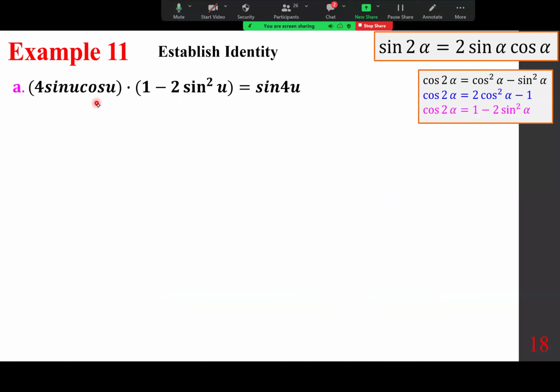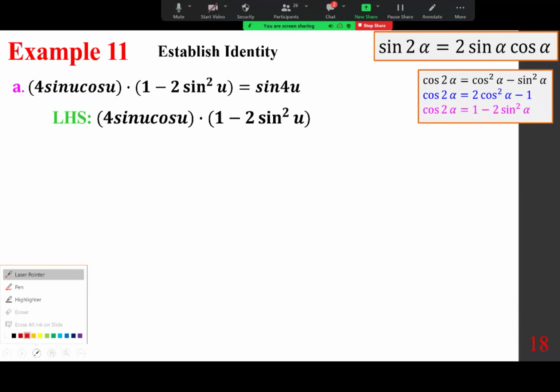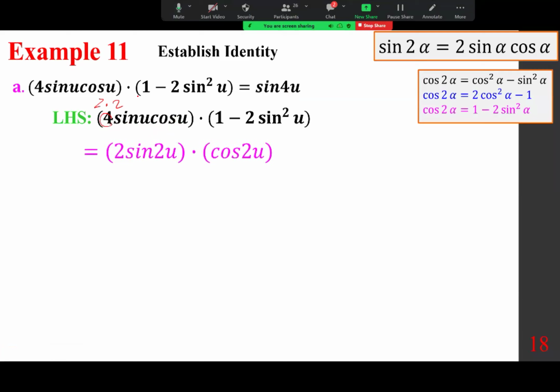Establish the identity: sine u cosine u times 1 minus 2 sine squared u is one quarter sine 4u. We're going to start with the left-hand side. It's more involved. We can see that 2 sine u cosine u would be sine of 2u. So this is 2 times 2, therefore 2 sine 2u, and the second piece, obviously, cosine of 2u.